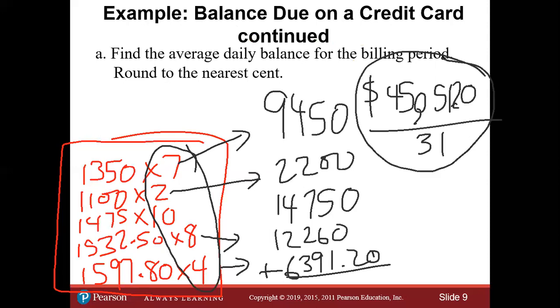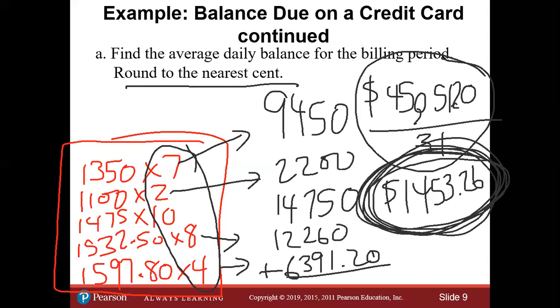So when I divide that by 31, it gives us 1,453 to the nearest cent, 0.26. And that is our final answer.